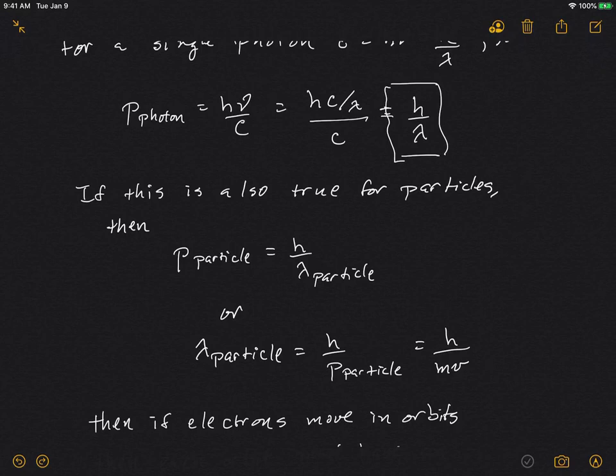And if we have a very light particle, like an electron, then that mass is going to be very small. And so the wavelength associated with that particle may be something that's experimentally accessible, maybe on the length scale of things like atoms and molecules.